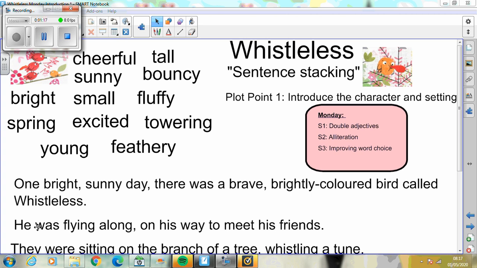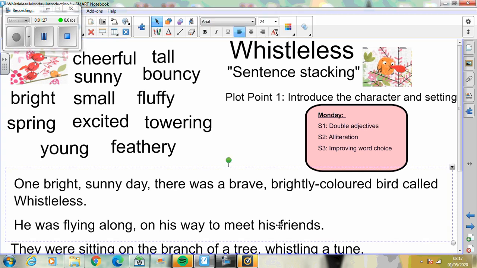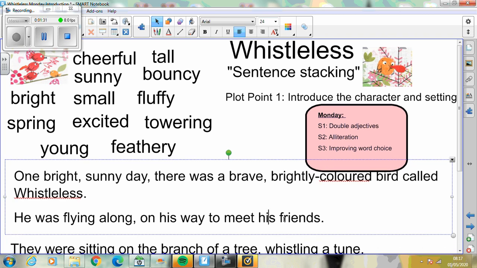This is sentence number 2, that we'll be adding in some alliteration to. And the words that popped out to me were meeting his friends. So I'm going to add in some adjectives to describe the friends.